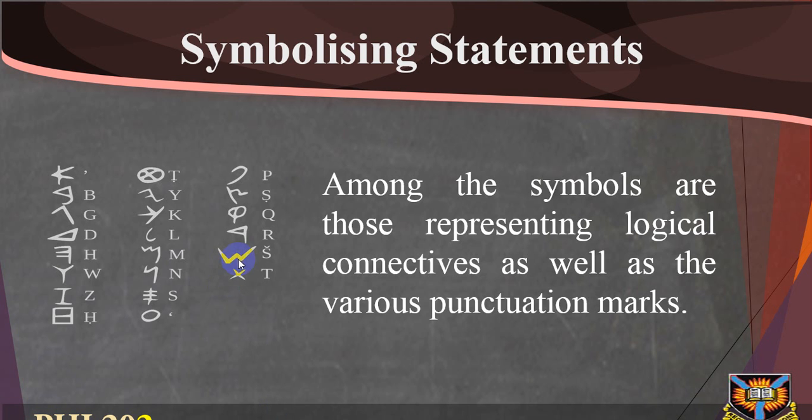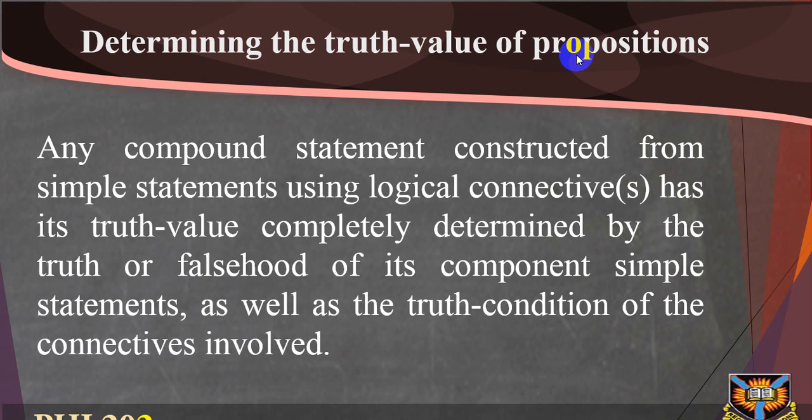Determining the truth value of propositions. Any compound statement constructed from simple statements using logical connectives has its truth value completely determined by the truth or falsehood of its component simple statements, as well as the truth condition of the connectives involved.